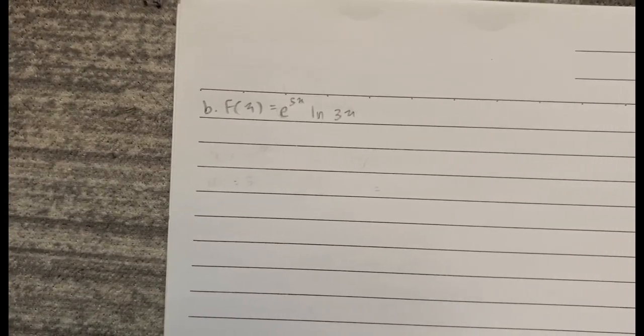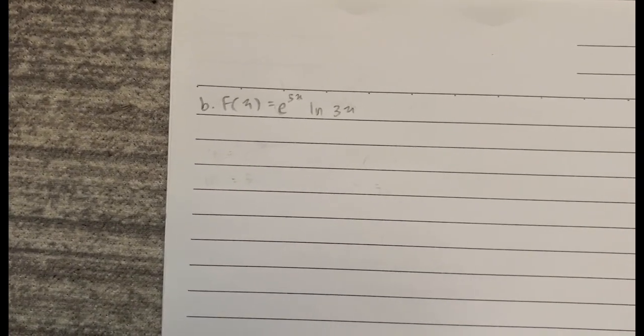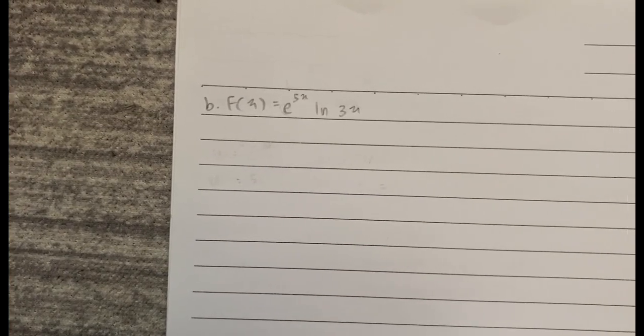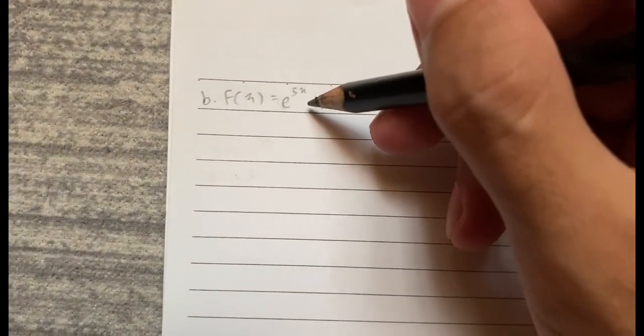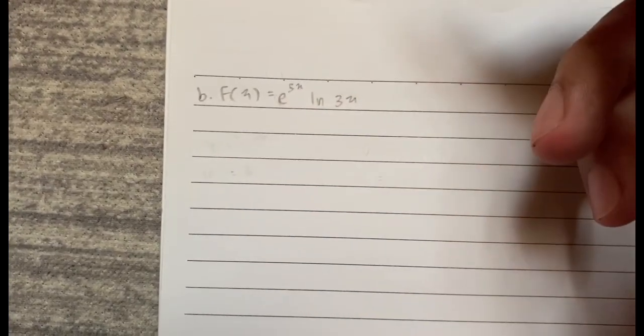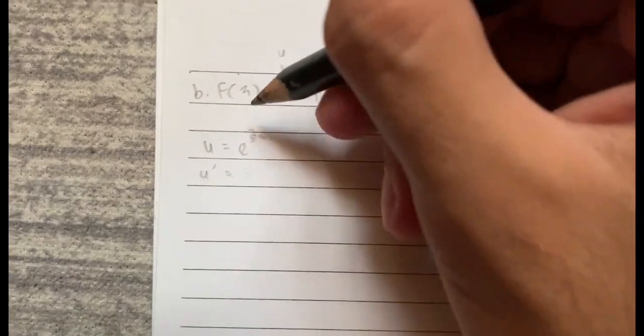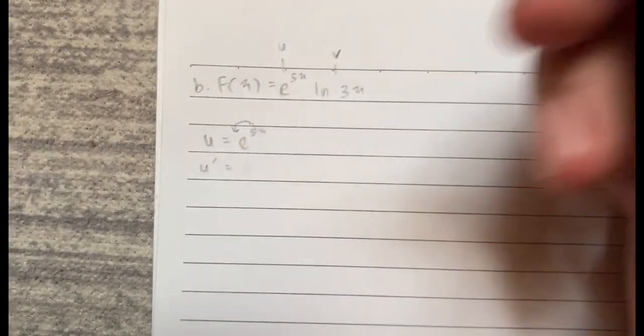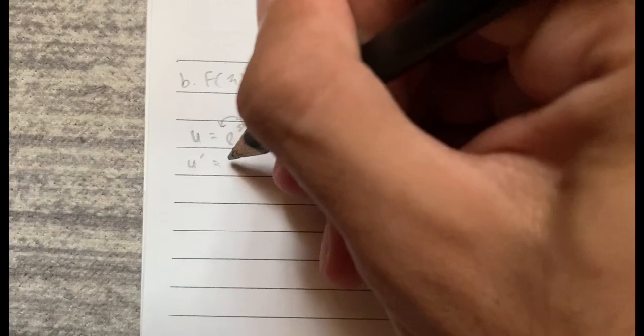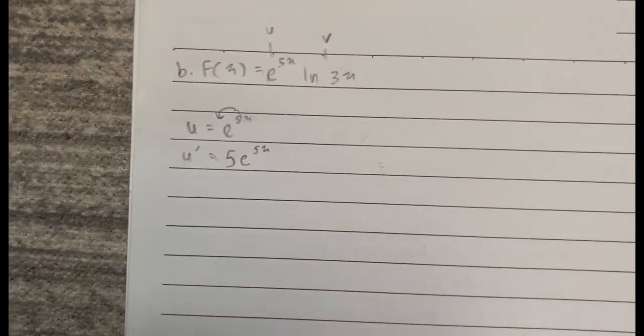Okay, for question 2b, f(x) equals e to the power of 5x ln 3x. First, we can see this is separated by a multiplication operation, so we need to use the product rule. First we label this u and this v. u is e to the power of 5x, and u prime is 5 e to the power of 5x, since the 5 from 5x is multiplied in front.